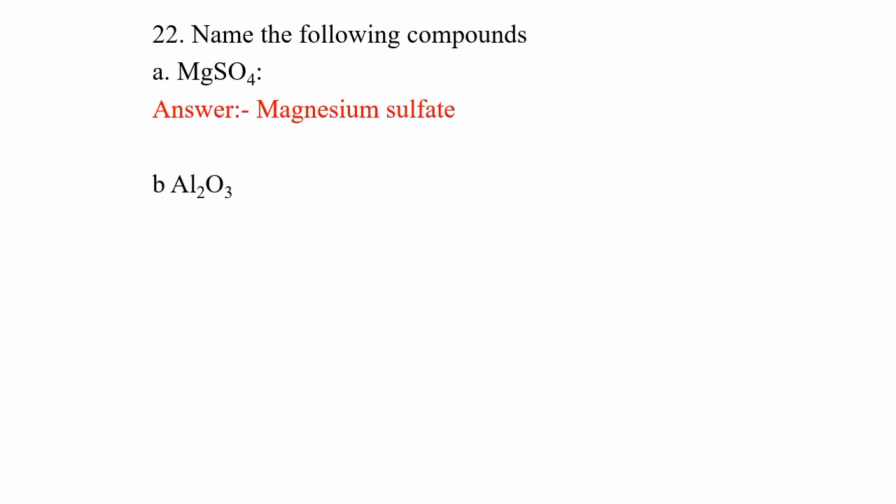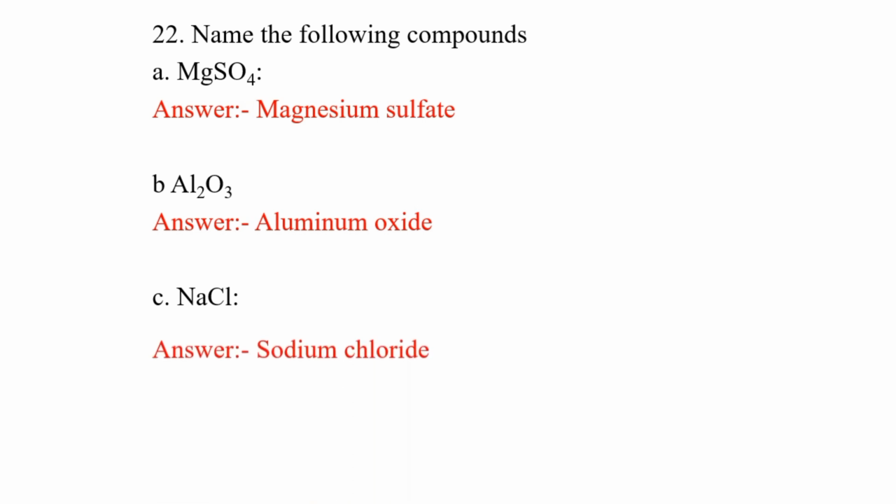Al2O3. It's aluminum oxide. NaCl. It's sodium chloride.